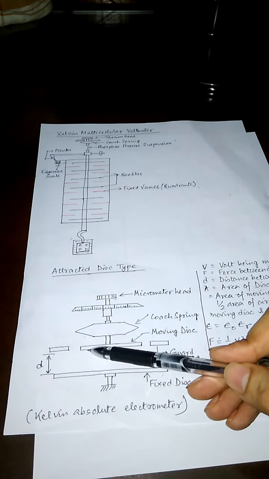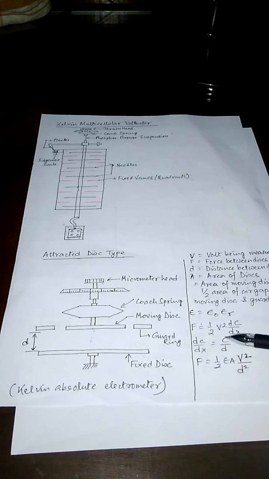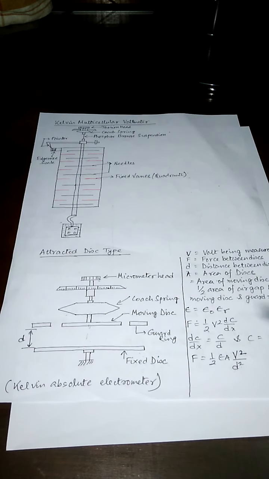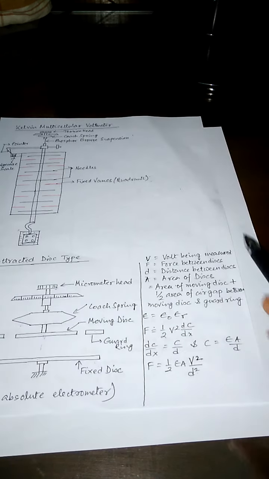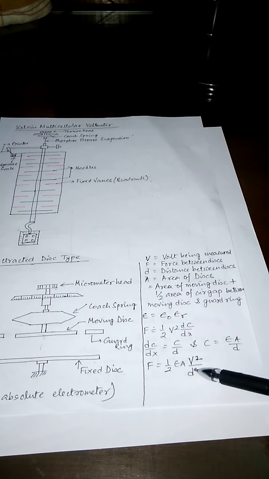So C equals epsilon A by d, where epsilon is the permittivity and A is the area of the disc. That area is the area of the moving disc plus half of the area of the air gap between the moving disc and the guard ring, the effective area we already discussed. So F equals half epsilon A V squared by d squared.